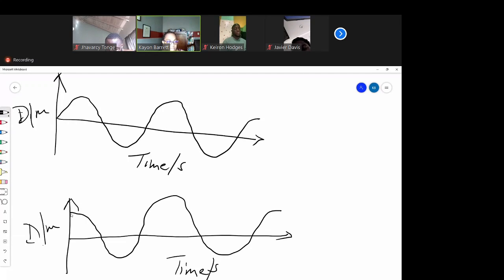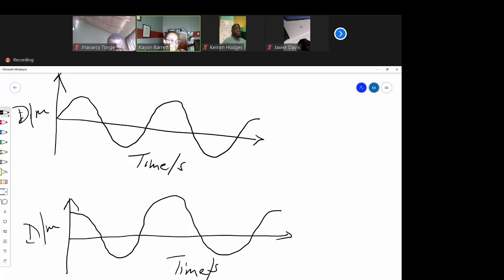Now, with oscillations, what would have happened is that you would have either compressed the body or extended the body and then released it and allowed it to oscillate. So it would have started off at some maximum value. With a wave, though, it would have started off at a source. The source would have had no energy initially, and then it would start sending out the energy, and the energy would transfer.